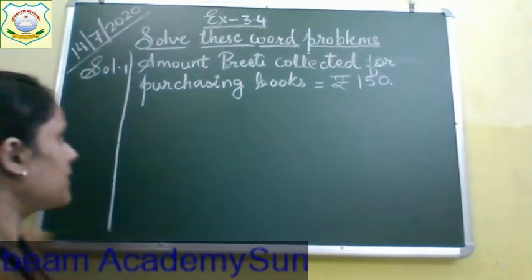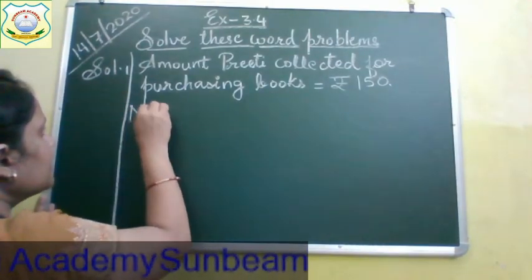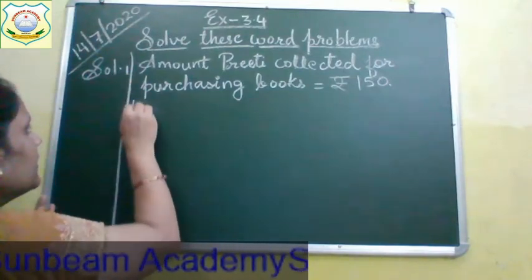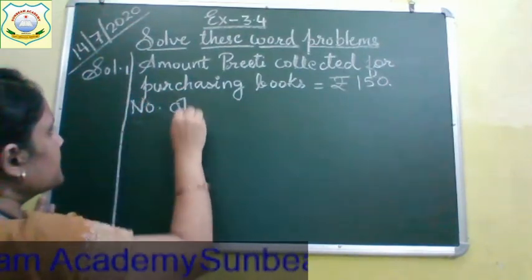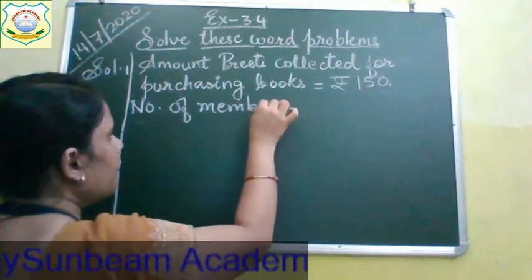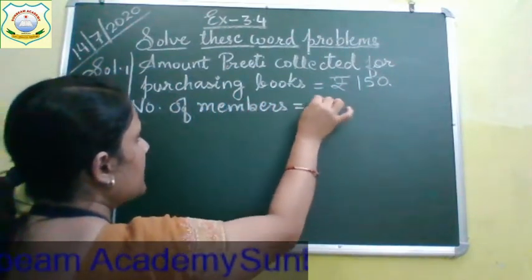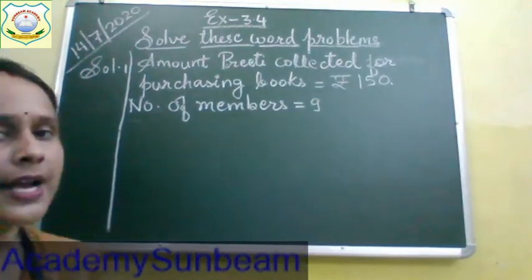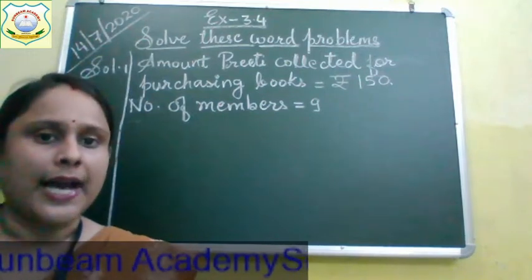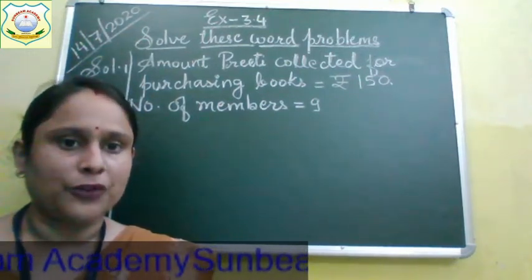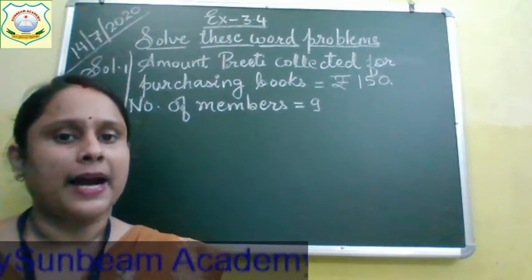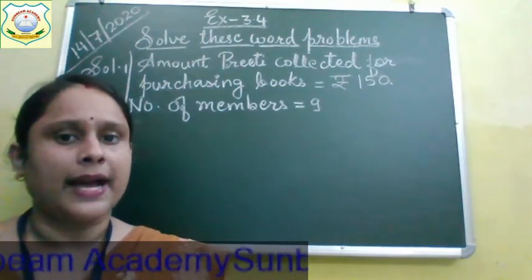Number of members. How many members were there? There were 9 members. And now what do we have to find? We have to find the total amount collected by Preeti.